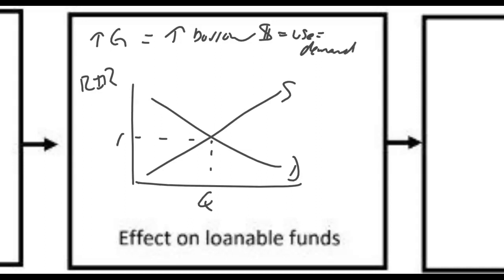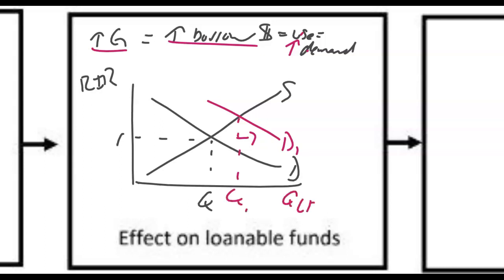So there's an increase in government spending, which means an increase in borrowing, which means an increase in the demand for loanable funds. We just draw a rightward shift in the demand of loanable funds.